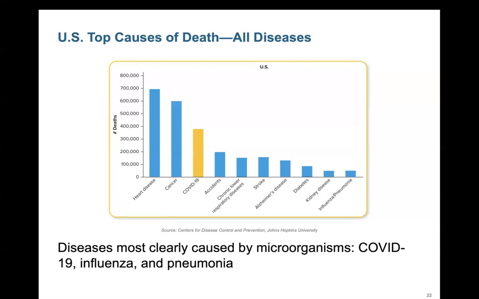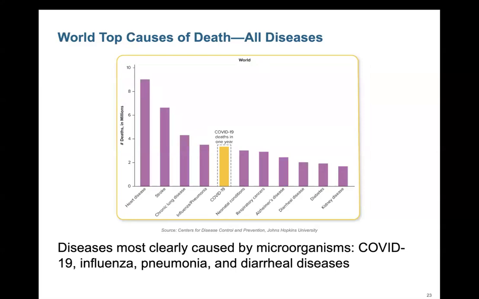All that plays a huge role, which you do not see in some very highly populated developing countries, where a lot of these infections can really come through, such as diarrheal diseases, flu, and pneumonia, being some of the main ones here.